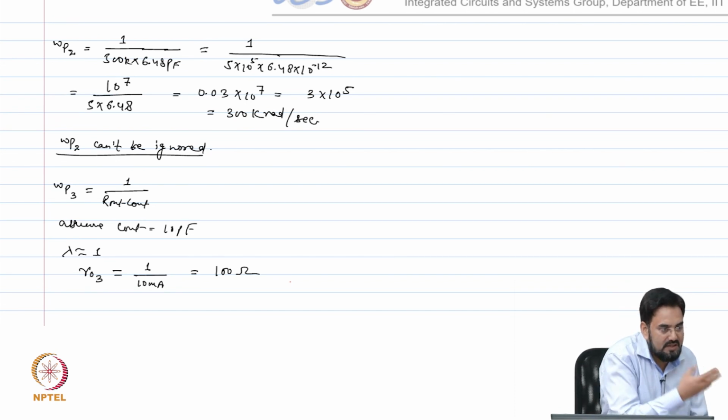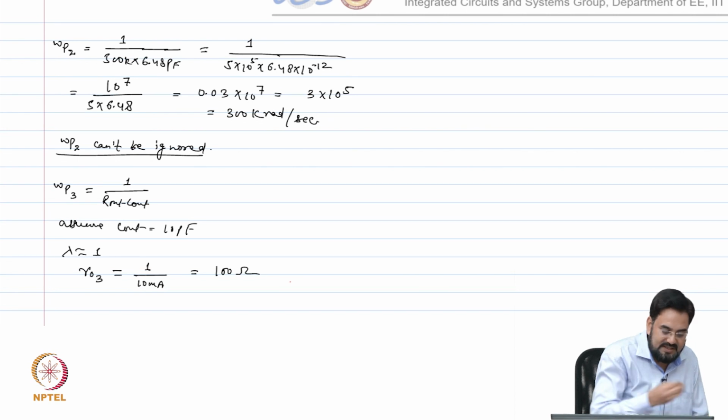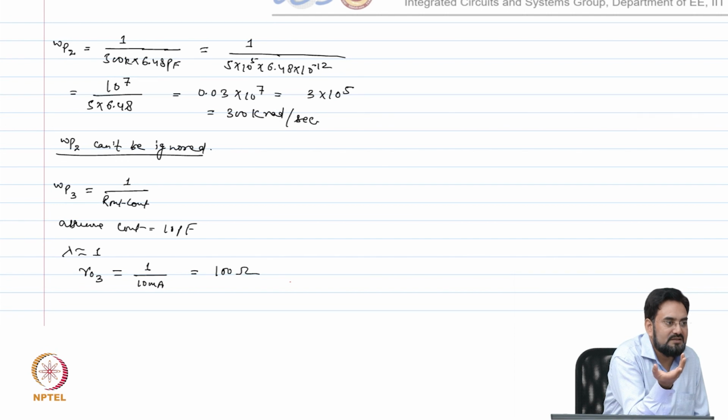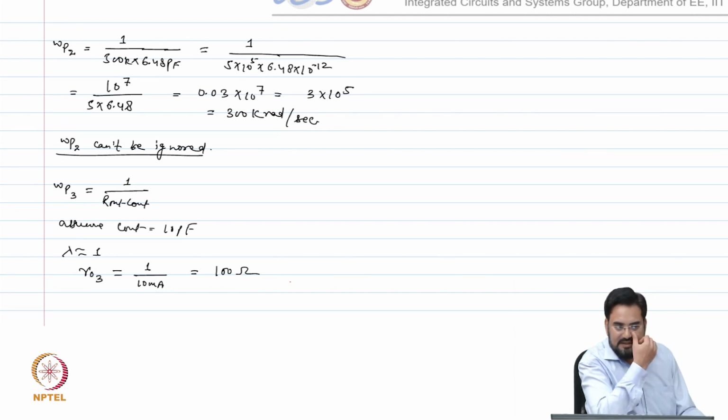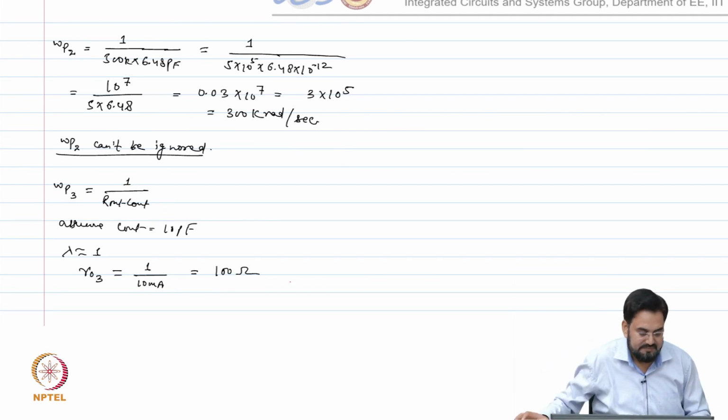But in both cases your resistance will be much lower, it cannot even be kilo ohm for 10 milliamp current. Even if you ignore this, 1.5 divided by 10 milli is 150 ohm. So you will always get the order of ohms, not kilo ohms, at such a high current.